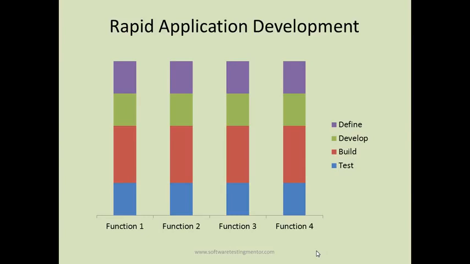Then these stakeholders decide whether to continue with the application that has been developed, whether it has been built as per requirements, whether it makes sense to continue with it, or whether to just discard it and start with some other idea or some other modifications, and then go ahead with the development. So it gives very early feedback to the stakeholders and saves a lot of time and money for the organizations.